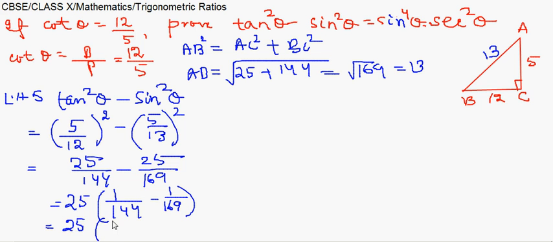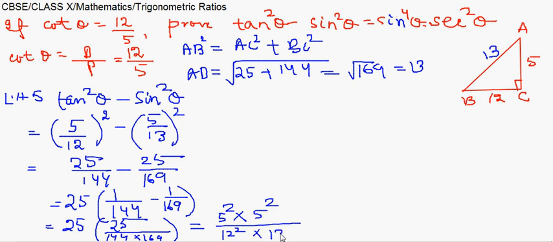That's giving me 25 upon 144 into 169. So it is 5 square, again you have a 5 square, and then it is 12 square into 13 square.